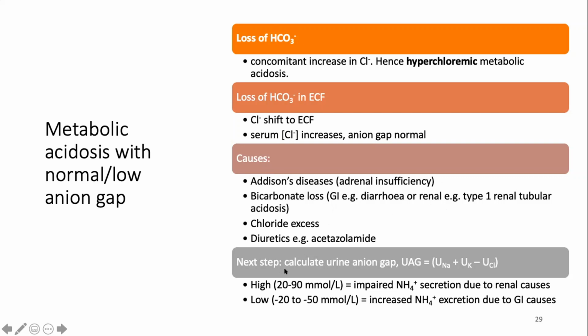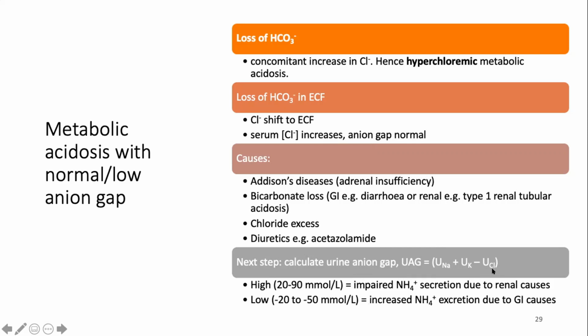That is when you can calculate the urine anion gap. So the urine anion gap is a bit different from the plasma anion gap. It takes into account the sodium and potassium and the chloride, but not the bicarbonate. So if you have a normal function of the kidney, this urine anion gap will actually be negative.